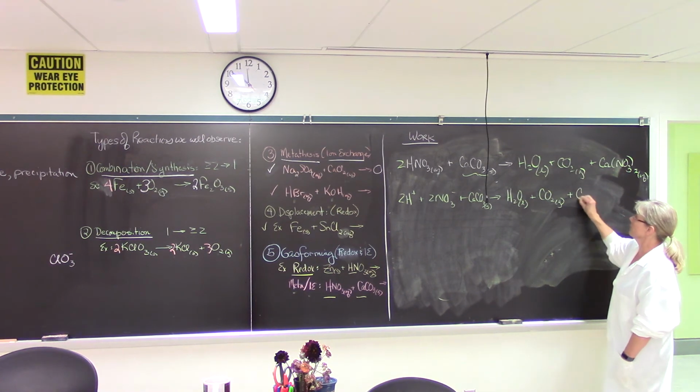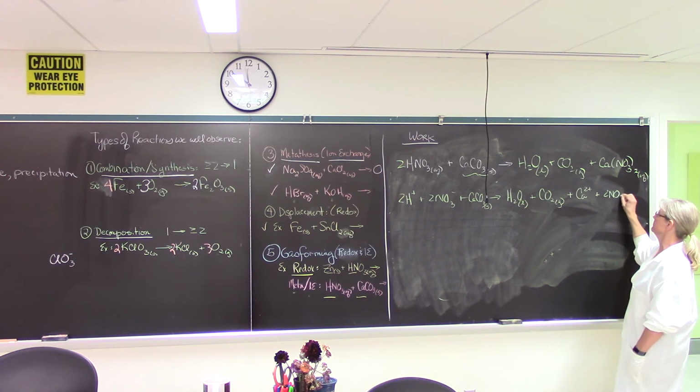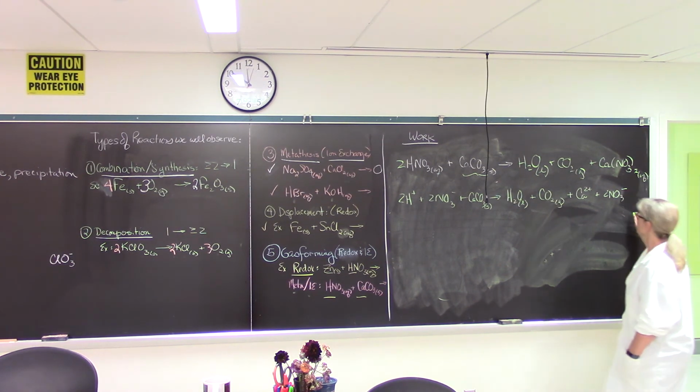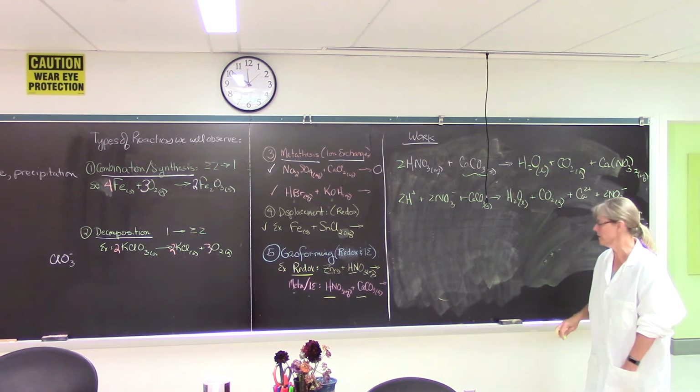And finally, we have calcium 2 plus and 2 nitrates. So that's our complete ionic equation. Of course, adding in the aqueous is where you need to.